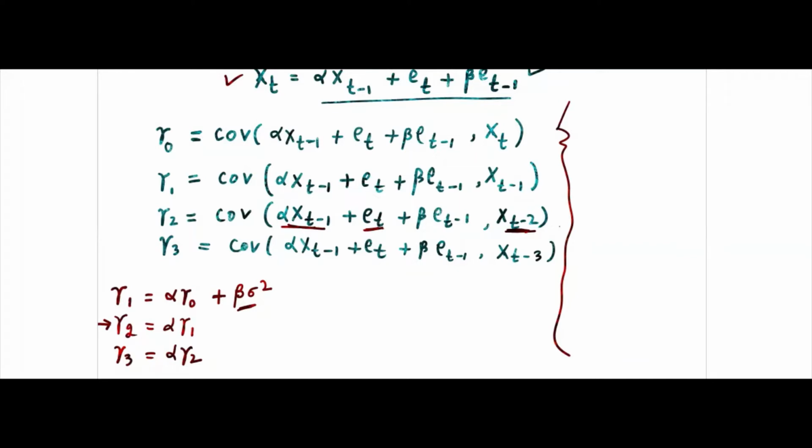Now, the only time it will take is when you find gamma naught. This brings a little bit of complexity. Let's see what is gamma naught here. If I write gamma naught here, then I will start with the first term, covariance of alpha xt minus 1 with xt.